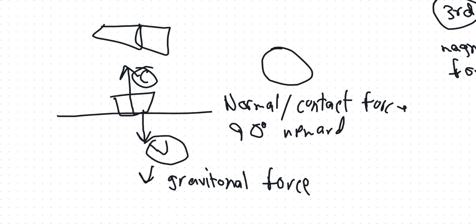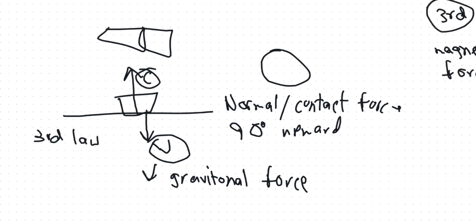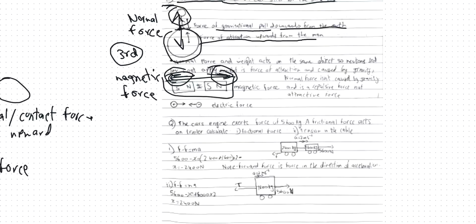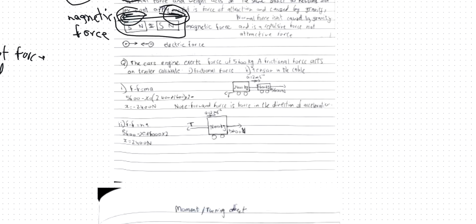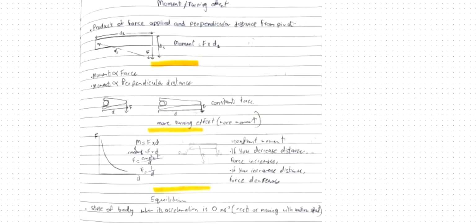So in this case, I will not consider these two forces as Newton's third law. This is not Newton's third law. All right. So yeah, that is Newton's third law, and now we are moving on to moments.